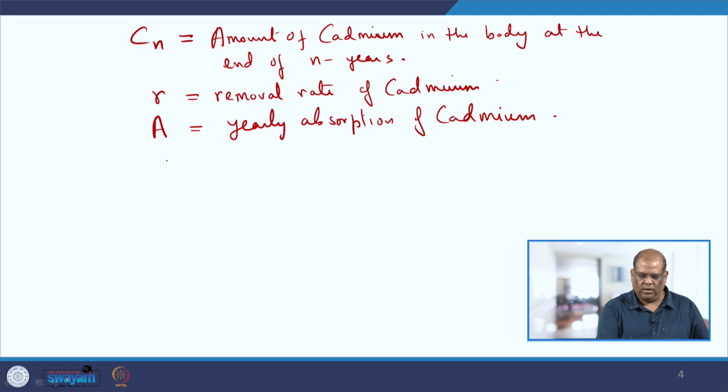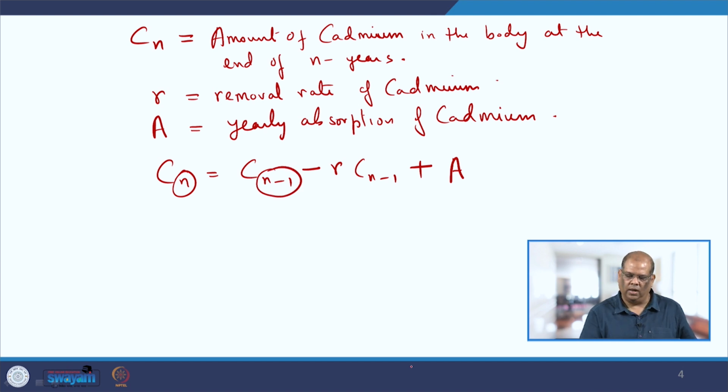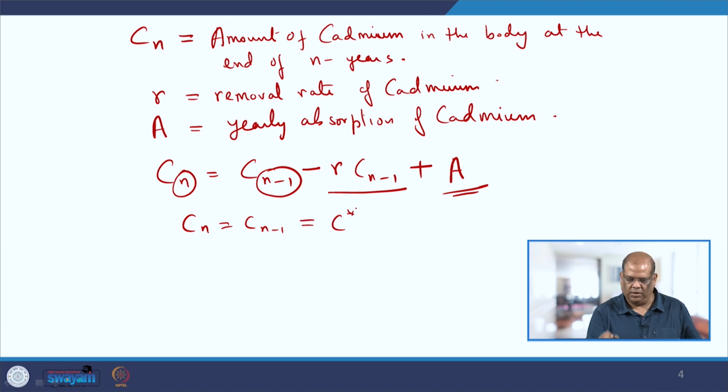If we now model this, it is going to be Cn equals Cn minus 1, minus R times Cn minus 1, plus A. This is the amount at the end of year n, this is the amount at the end of year n minus 1, removal is R and addition is A. To find the equilibrium point, replace Cn and Cn minus 1 by some C star.